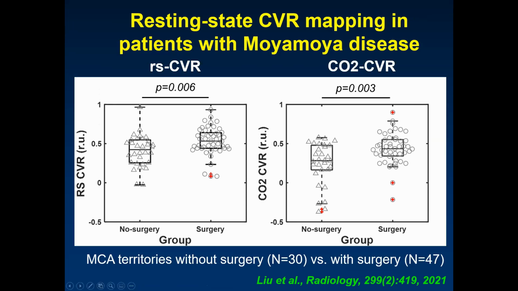We found that the MCA territories had significantly lower CVR values before surgery than after surgery, and this difference can be detected by both resting state CVR and CO2 CVR. This result suggests that the resting state CVR we obtained has similar sensitivity in detecting CVR deficits or CVR changes in clinical patients.